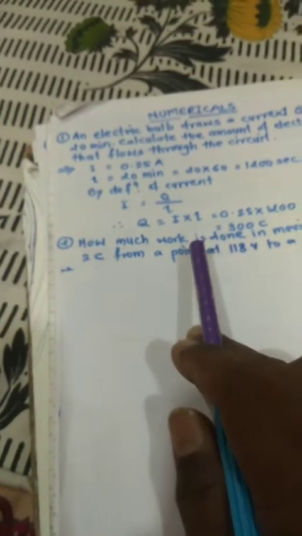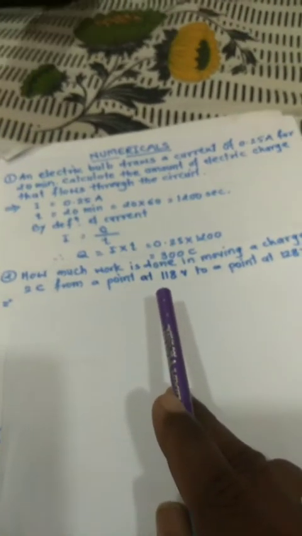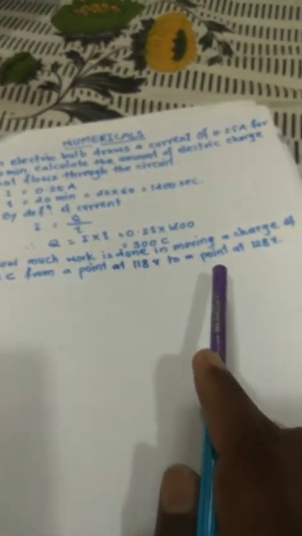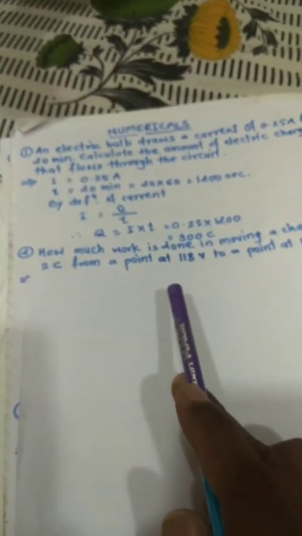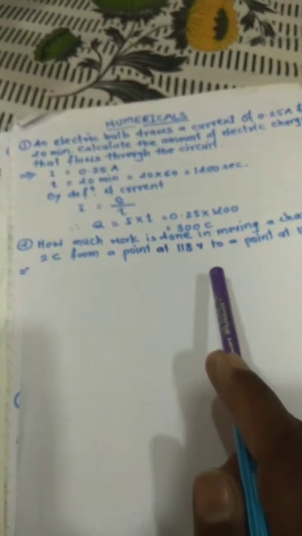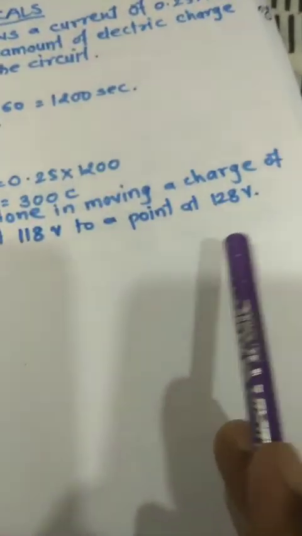Now the second example. How much work is done in moving a charge of 2 coulomb from one point at 118 volt to a point at 128 volt?